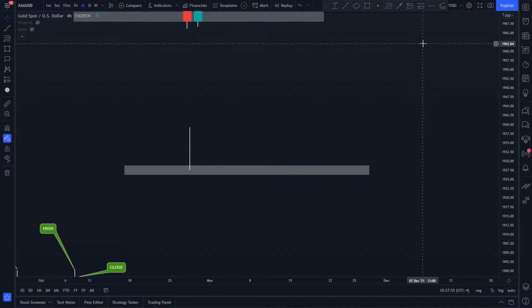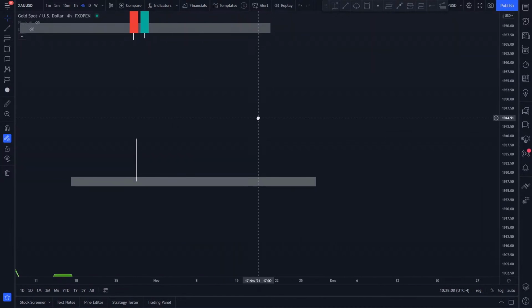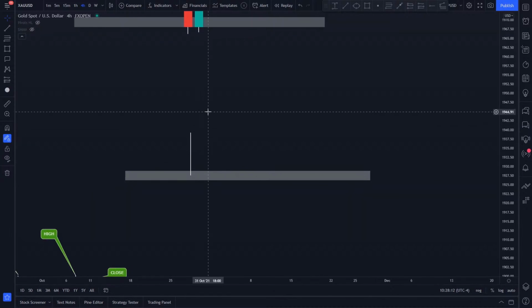So that's what it is. Like I said before, you don't have to worry about the wicks. The wicks are not important. A wick being longer than another candle has nothing to do with the strategy or the Japanese candlestick.